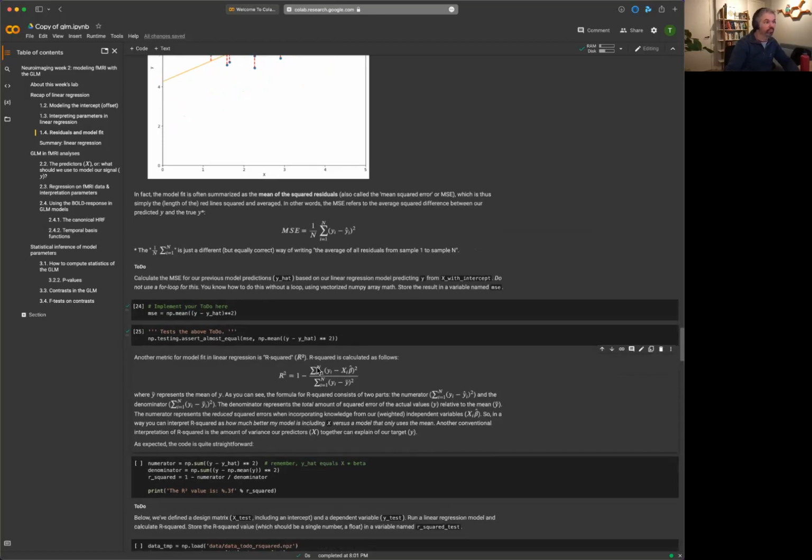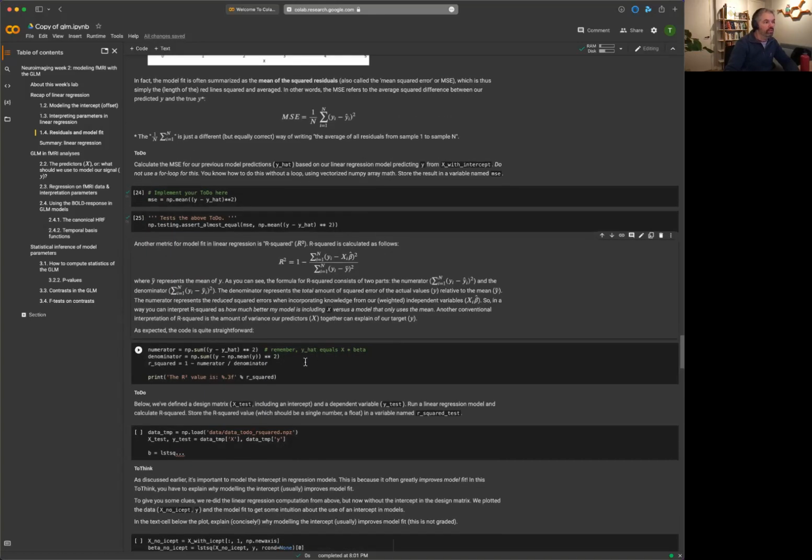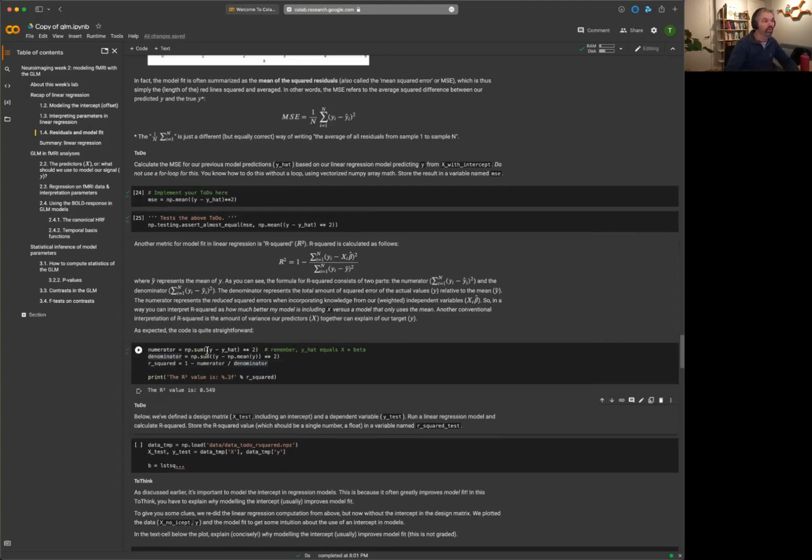Now we're going to assert almost equal on exactly what I just typed, so no problem, that's true. Okay. So another metric is R squared, that is the proportion of explained variance. Yeah, this is how you calculate that. So explained variance is just those squared residuals summed. You can do that for the data.